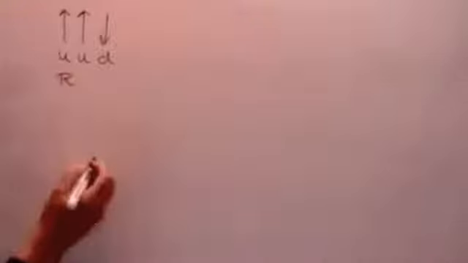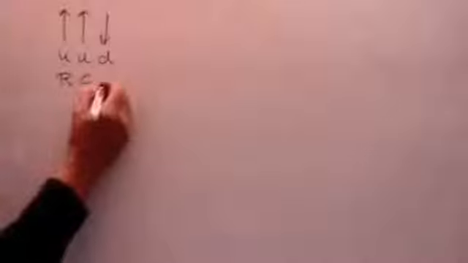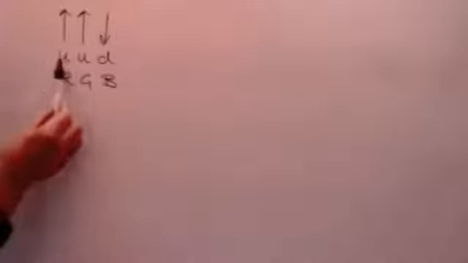So we call one of them a red quark, one a green, and one a blue. And there are three different colours in every three quark combinations. And the point about that is that whatever that quantum quality is, it distinguishes these two up quarks. One of them's a red and one of them is a green.